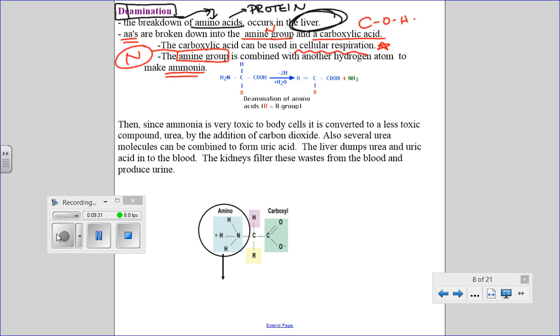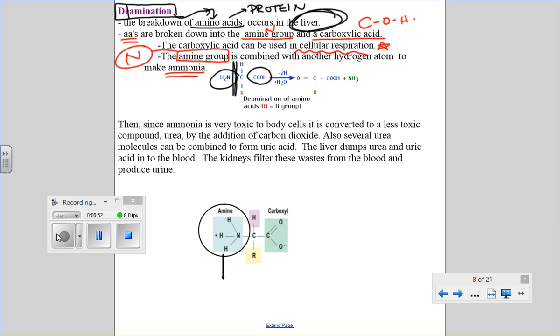On an amino acid, there's a piece on the side that has hydrogen and nitrogen, and a piece on the other side that has C and O and H. That's the amine group and the carboxylic acid group. Basically, I'm cutting this piece off.